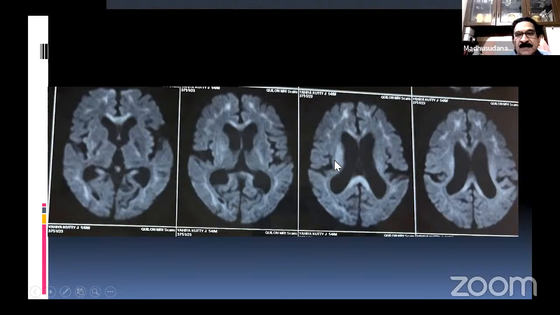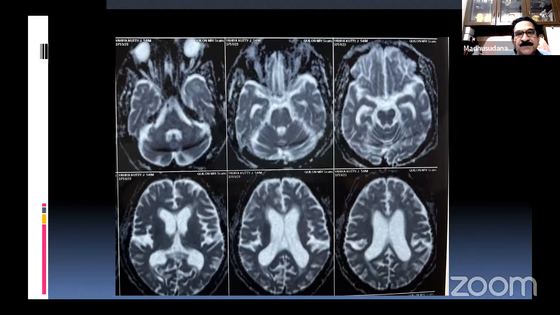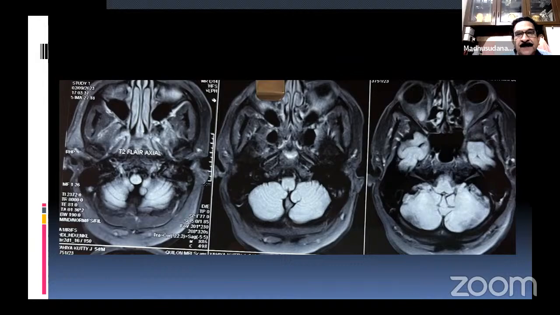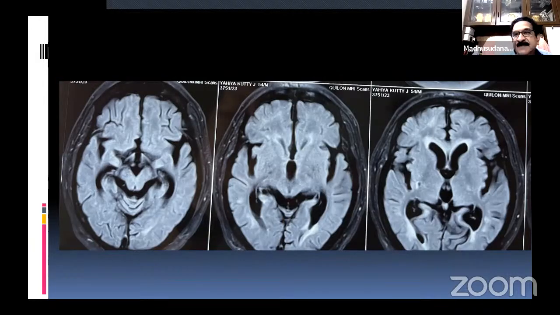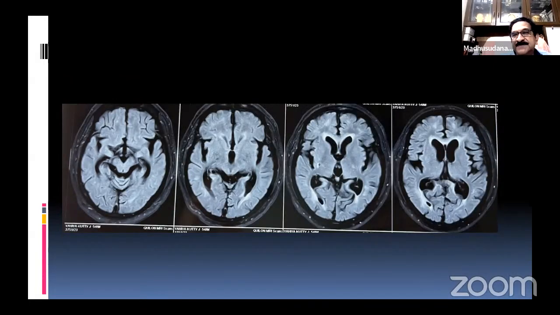There may be an infarct, but other areas show something occurring symmetrically throughout. Again, you can make out the hyperintensity in the subcortical corticomedullary region. ADC was not contributory. FLAIR, not much except that there is hyperintensity in the subcortical white matter. Not very prominent, but the diffusion restriction was very prominent.